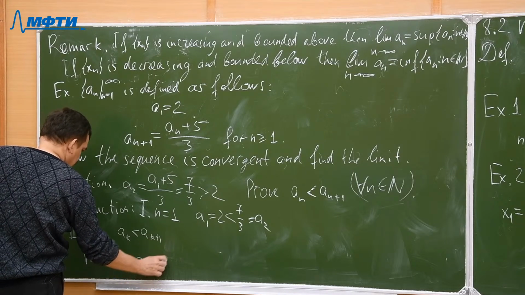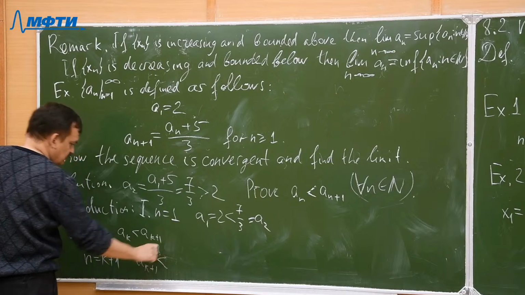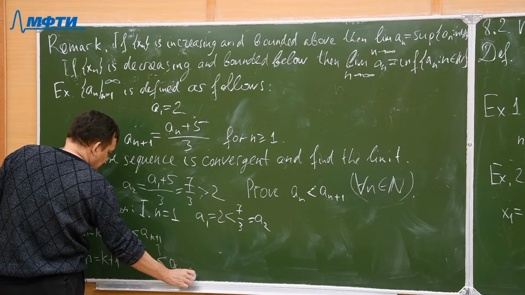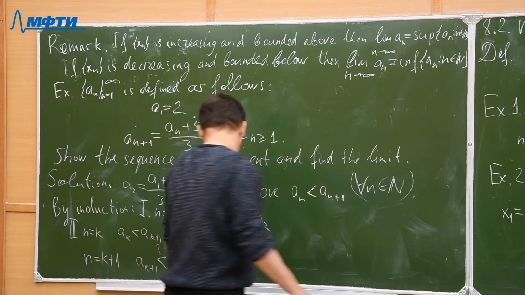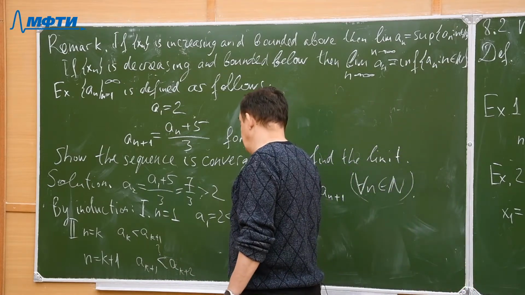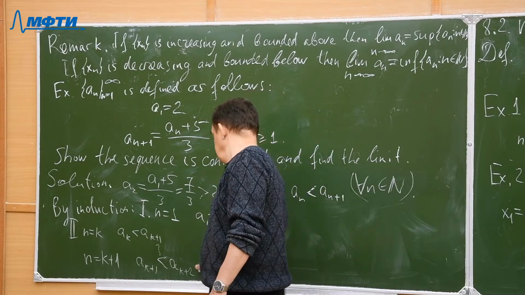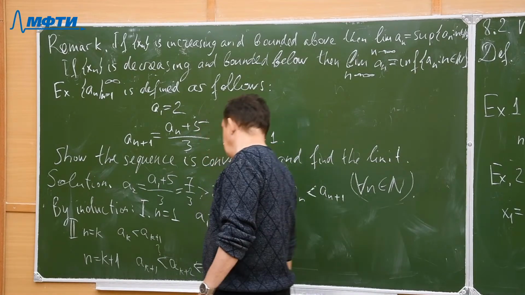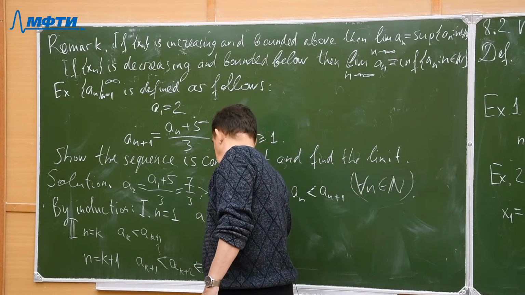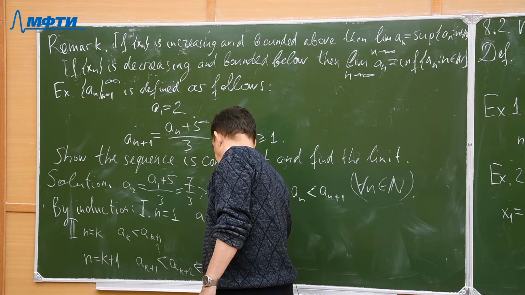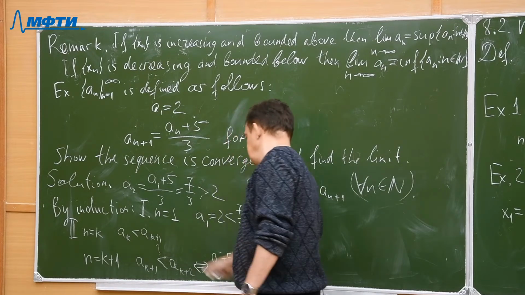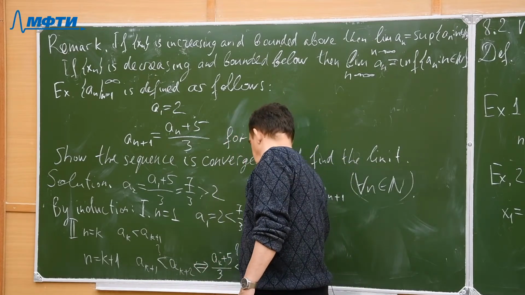If it is true, ak plus 1 is indeed less than ak plus 2. Okay, we need to compare those two. And then how can we proceed? This inequality is equivalent to, okay, what is ak plus 1? It's ak plus 5 over 3. So this is equivalent to checking that one.